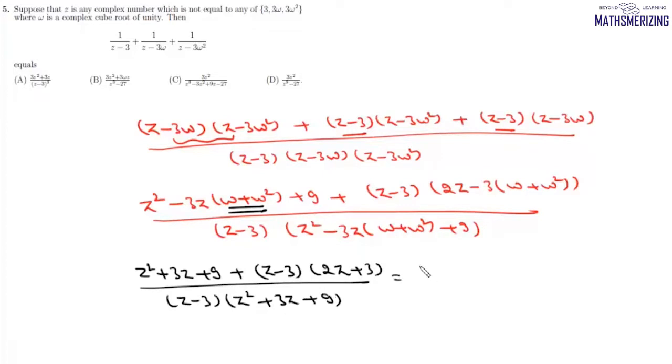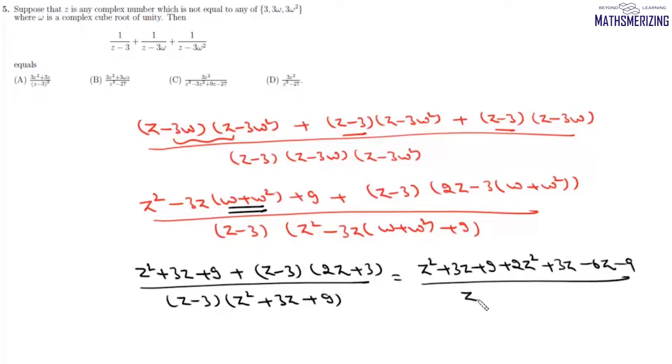So the numerator will be z square plus 3z plus 9 plus 2z square plus 3z minus 6z minus 9, and the denominator is a minus b into a square plus b square plus ab, so it will be a cube minus b cube.